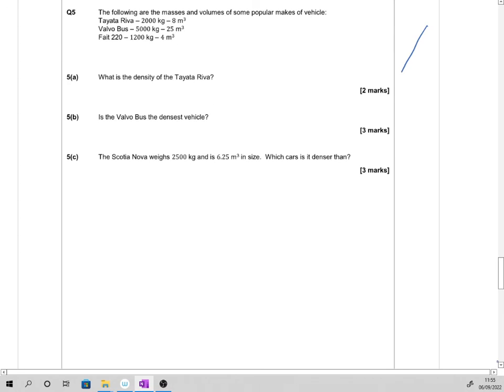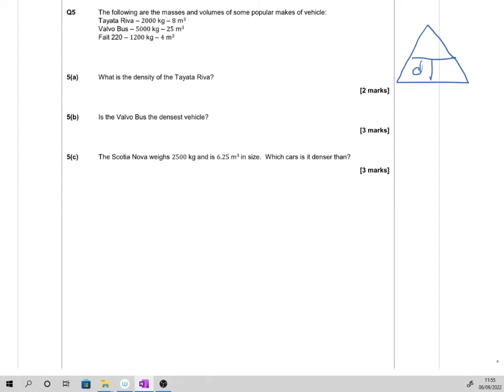Right, I'm back to me triangle again. Must not forget density, mass, volume. The following are the masses and volumes of some vehicles. What's the density of this one? So the density is the mass divided by the volume.